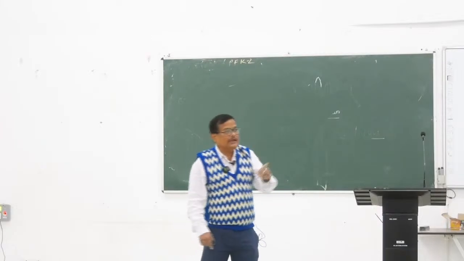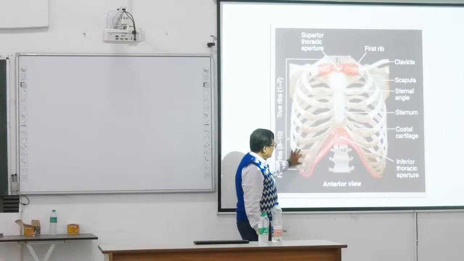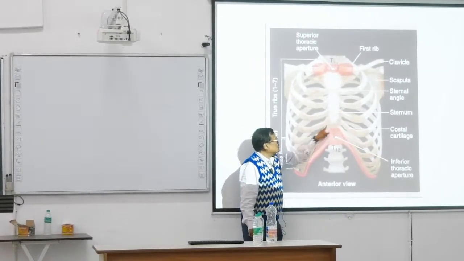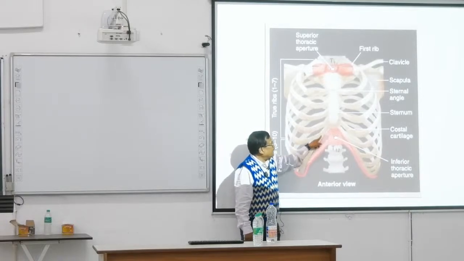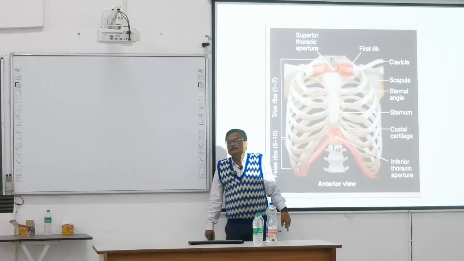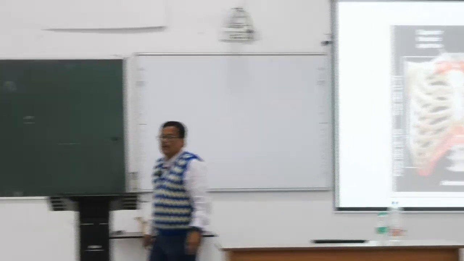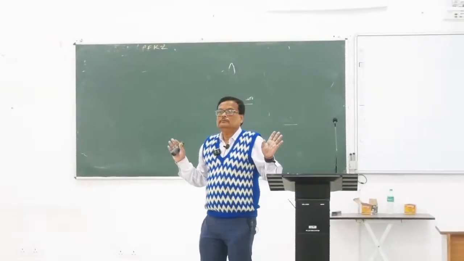But 8th, 9th and 10th have their cartilage and they don't attach to the sternum directly. It attaches to the seventh costal cartilage, and via the seventh costal cartilage they are attached to the sternum. And 11th and 12th ribs never attach to the sternum.